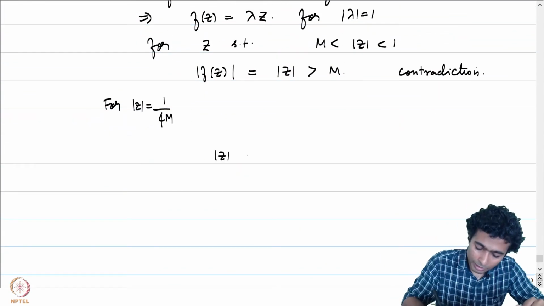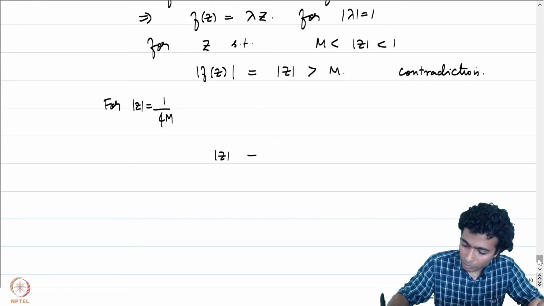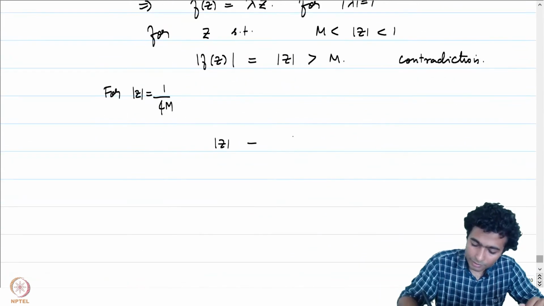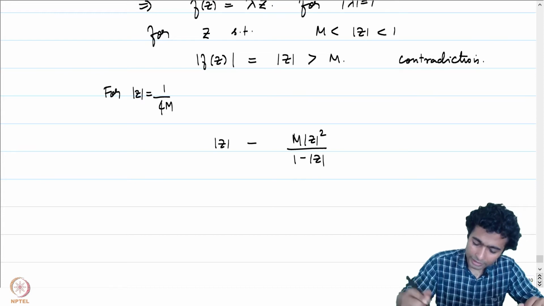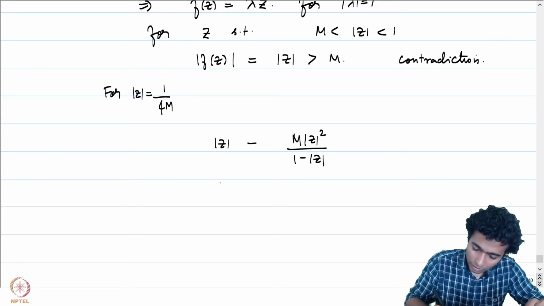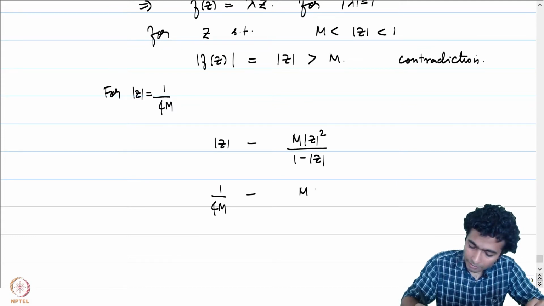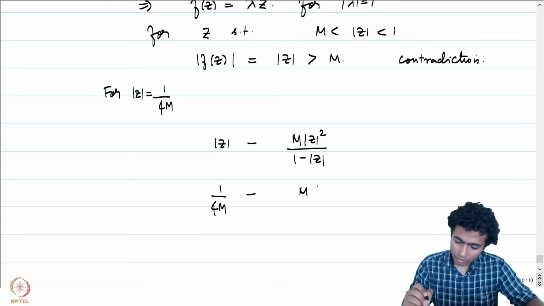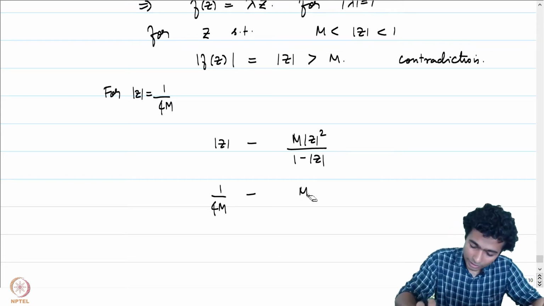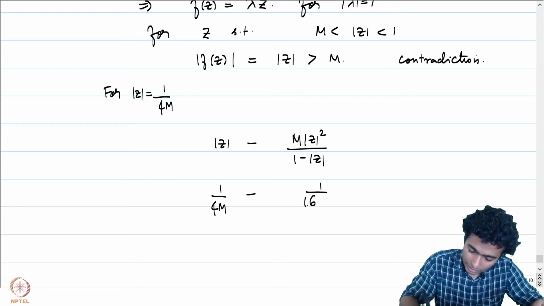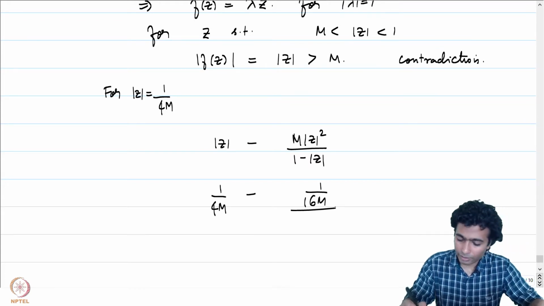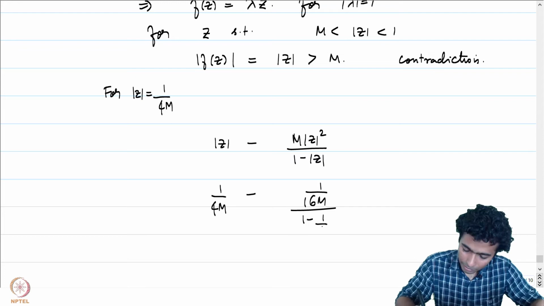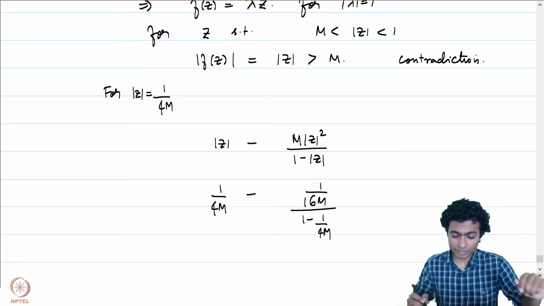Mod z minus m mod z square times 1 minus mod z is going to be 1 by 4m minus m by 16m square, which is going to be 1 by 16m times 1 minus 1 by 4m. This is precisely what it is going to be.